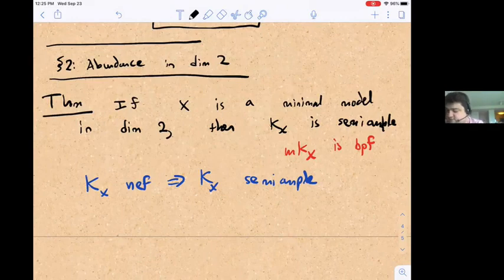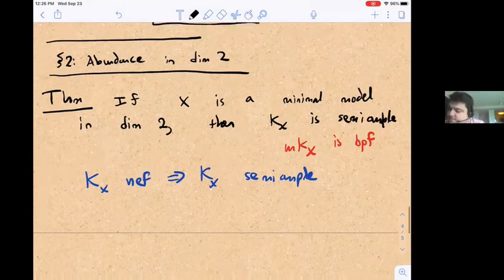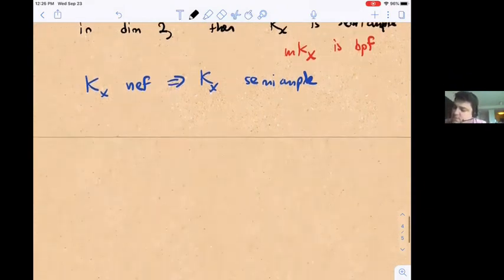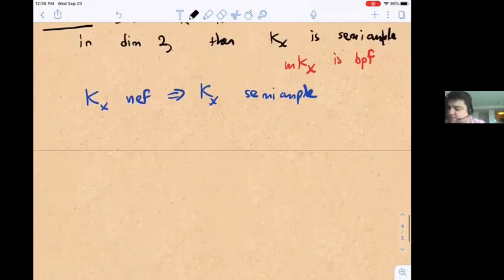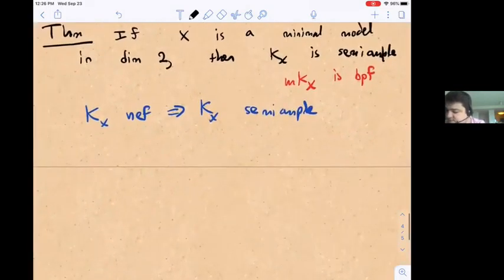And this abundance is known in dimension 3 as well, and again, the proof there is the same. There's just more cases. Well, I won't say that the proofs of the individual cases are the same, but the fact that you have to do a case-by-case analysis is still the same in dimension 3.